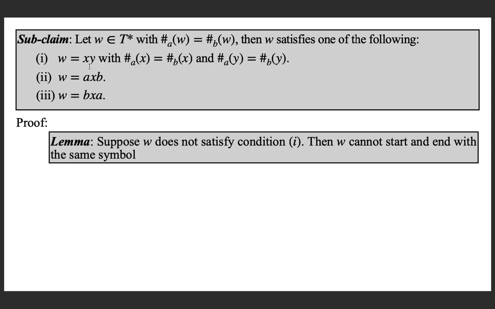We assume that W is not of that form, then we can prove that W must be of the second form or of the third form. If we prove this lemma, the subclaim follows, because if W is not of the first form, it must be of the second form or third form, is what we are claiming here.